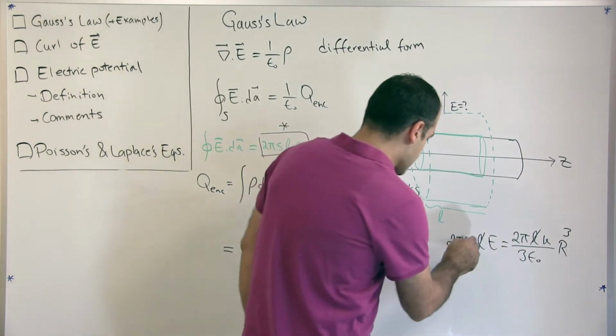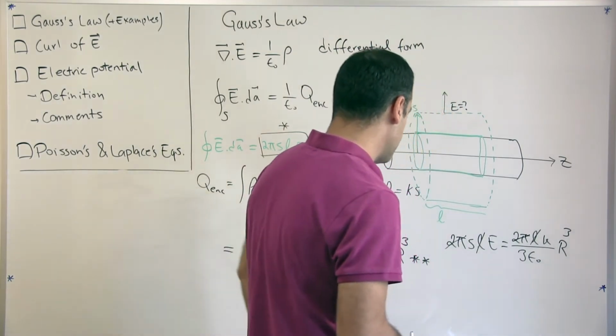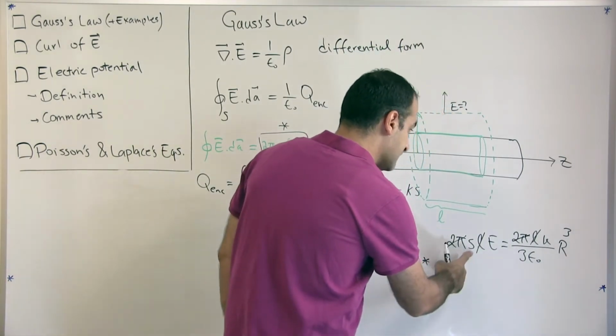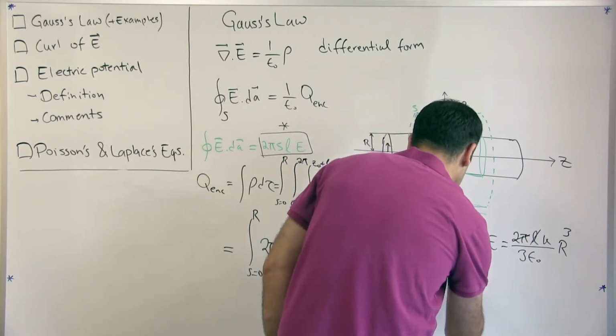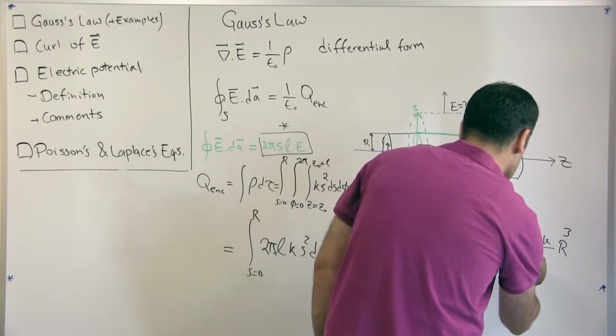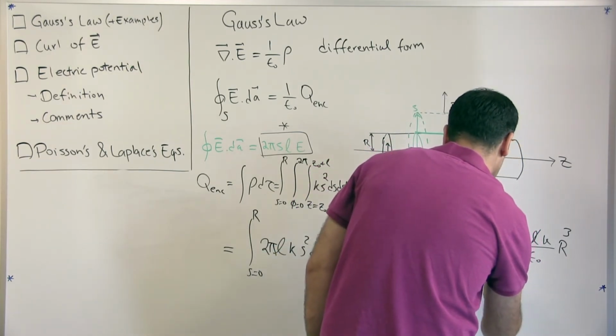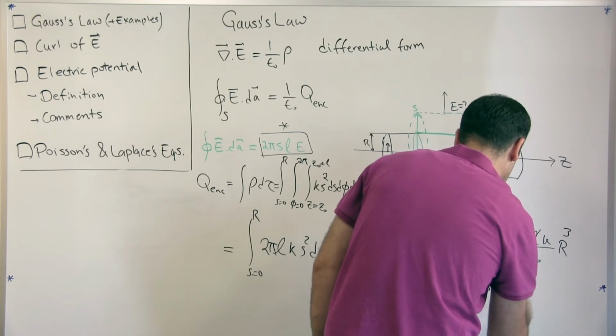We got 2 pi here that cancels this. We have S here, that is the only non-constant that defines the decay of the electric field. So E is K R cubed over 3 epsilon naught times 1 over s.